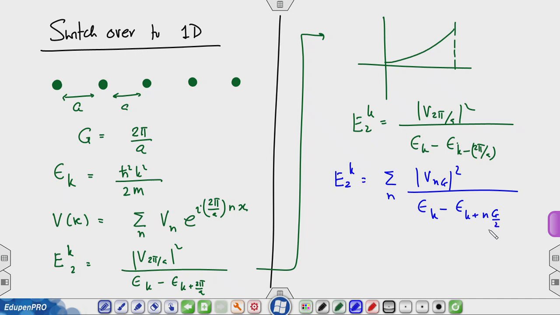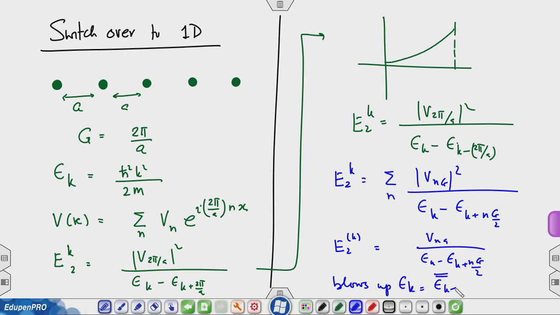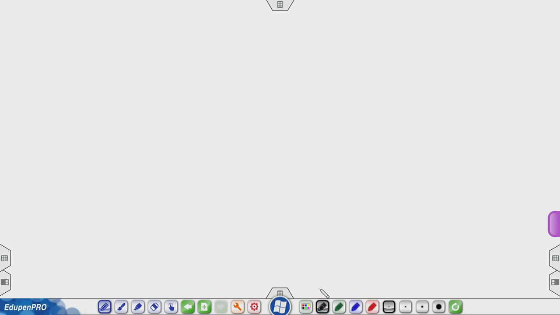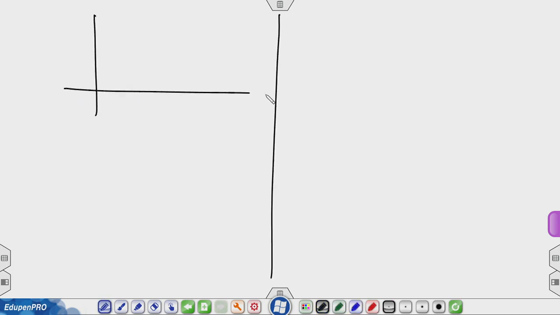So, when I take only the first term, V n g by E k minus E k plus n g by 2, this blows up when E k equals E k plus n g by 2. And in the present case, it will blow up when k equals k minus 2 pi by a. And therefore, I need to apply second order degenerate perturbation theory. So, second order is blowing up here.